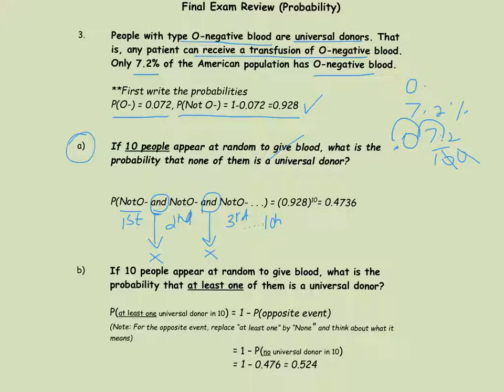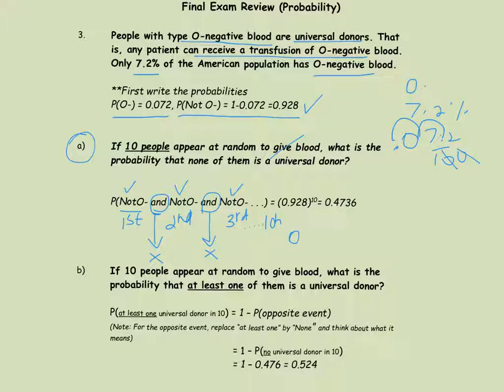Now the events here are independent of each other because they're different people walking in randomly. So for independent events, all you have to do is multiply the probabilities.